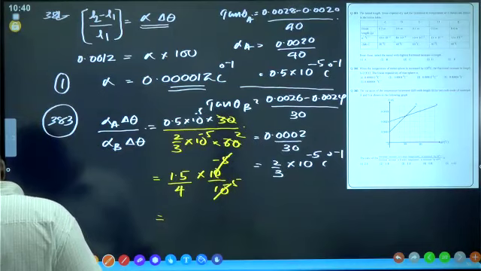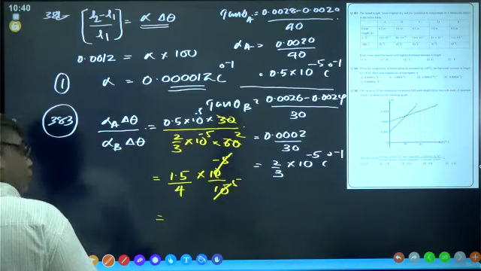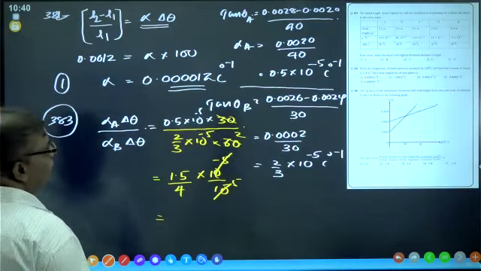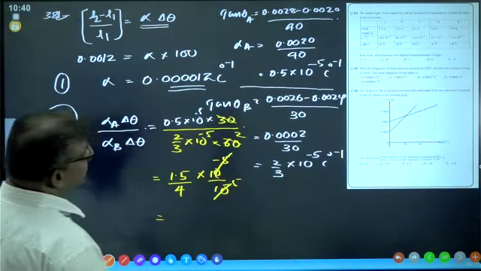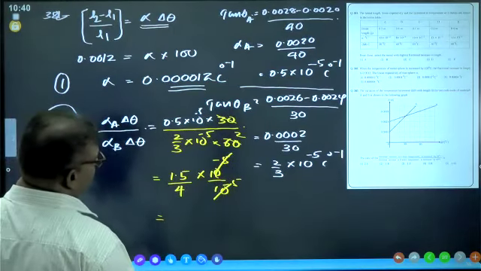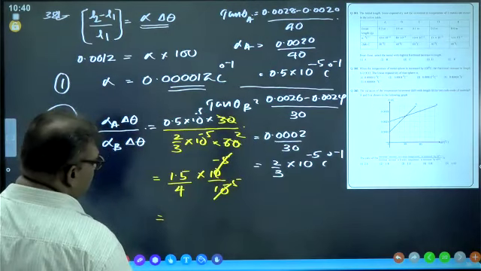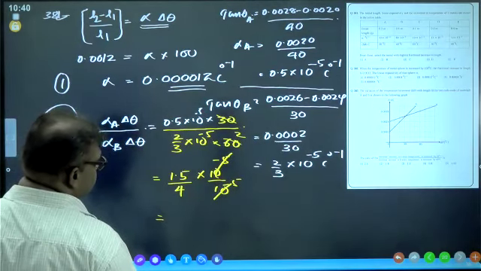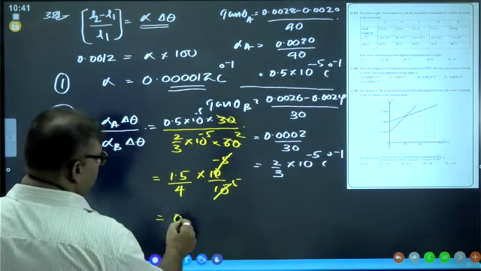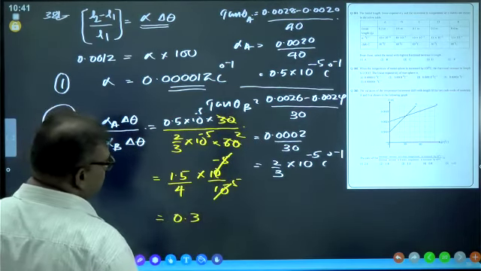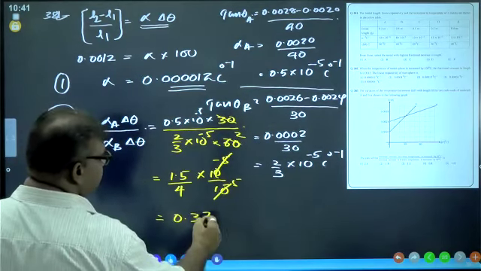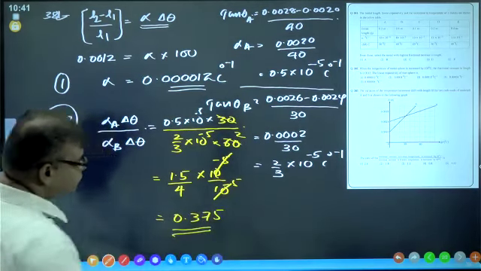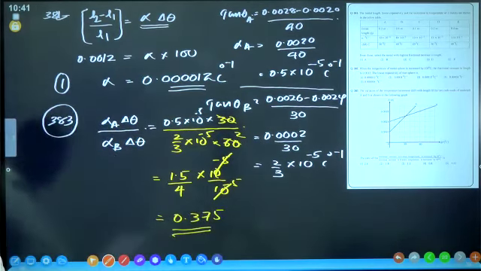Then it should be 1.5 over 4, which is 0.375. Right. Complete the final answer.